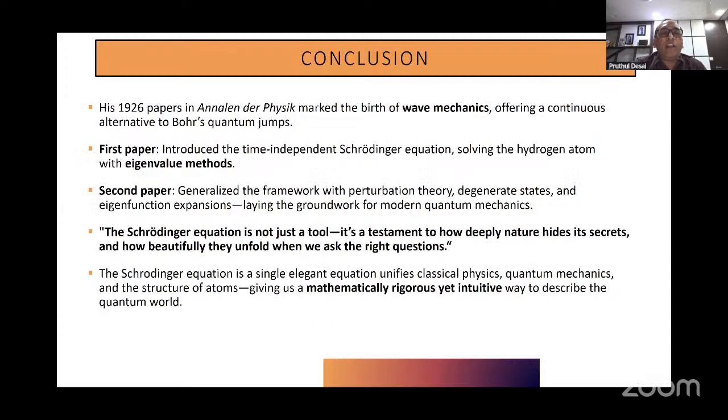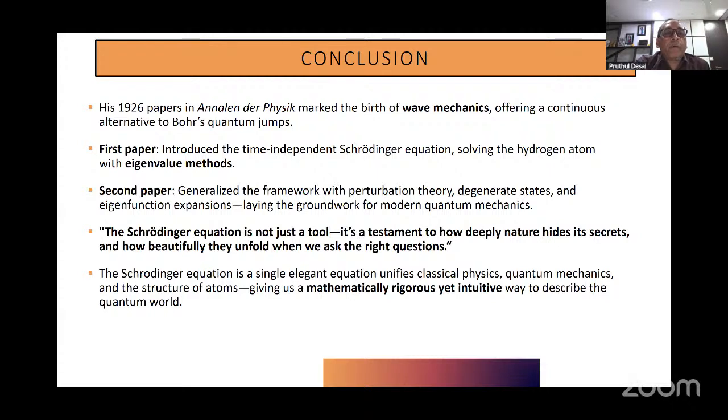So finally, I conclude. In his 1926 paper, which marked the birth of wave mechanics, he offers a continuous alternative to Bohr's quantum jump. Schrodinger's wave mechanics is more visualizable, because we are trained to think classically, so it's more intuitive and appealing also.